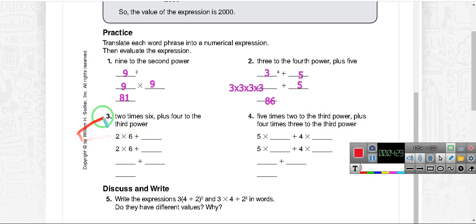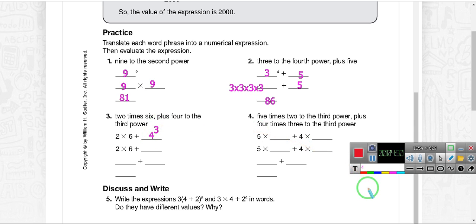Okay, now let's move to this one. 2 times 6 plus 4 to the third power. We write 4 here, and we raise it to the third power. Okay, now what is 4 to the third power?